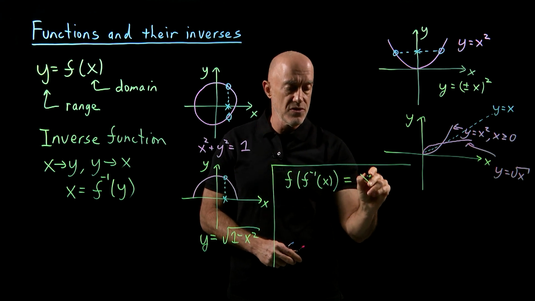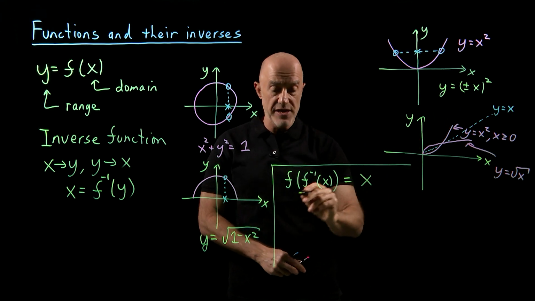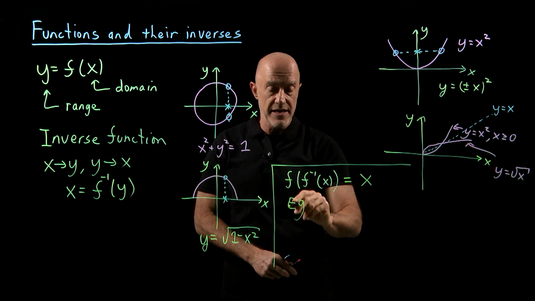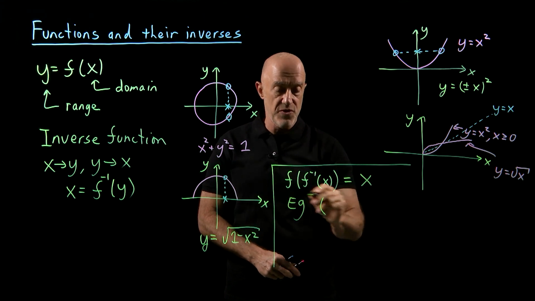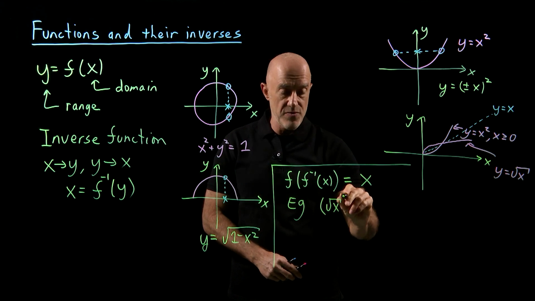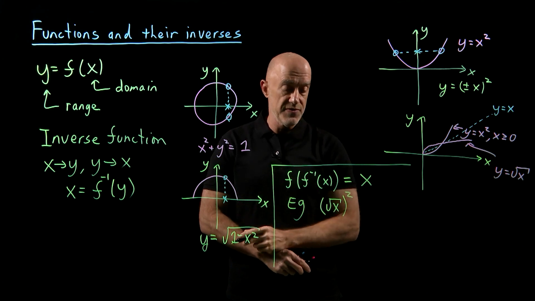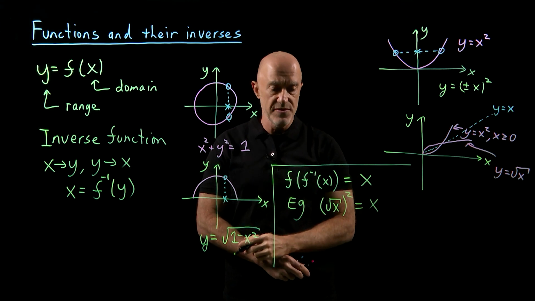So this is equal to x. As an illustration here of our quadratic, f is the square function and f inverse is the square root. So that says that the square of the square root of x is equal to x. We know that to be true.